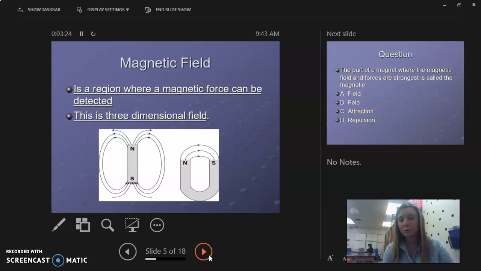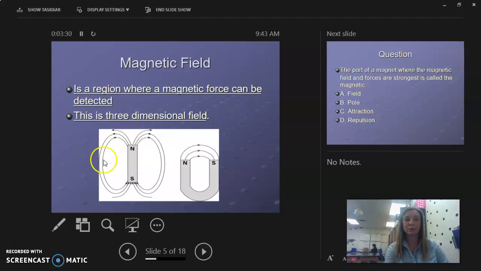The field I want you to think about is 3D. So it is not something that is very flat like this picture here. If you were to put a magnet on a piece of paper and hold a little compass by it, you would be able to draw out and figure out the way the magnetic field is moving, but it is 3D, so it's coming out every which way.